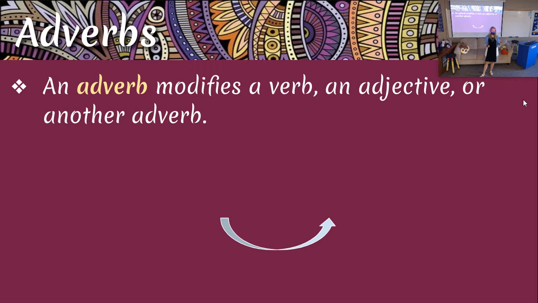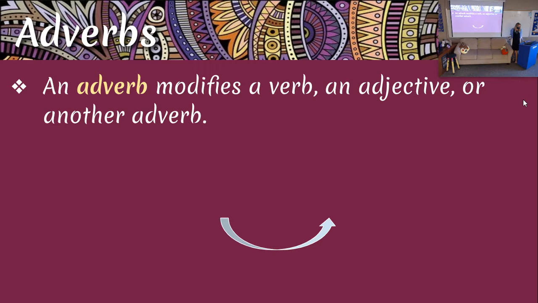Nouns or one other thing. I'll give you a hint. It's not listed up here. Nouns or something that sounds like a noun. Pronouns. Okay, so adjectives modify nouns or pronouns. Adverbs modify verbs, adjectives, or other adverbs.